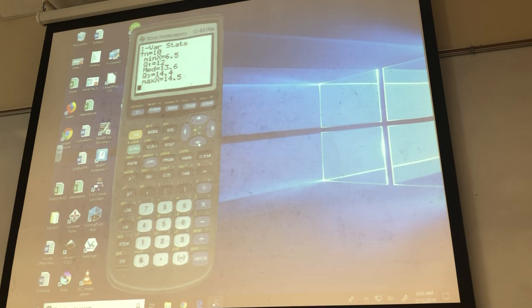So we had 6.5, 12, 13.6, 14.4, and 14.5 for our 5-number summary.